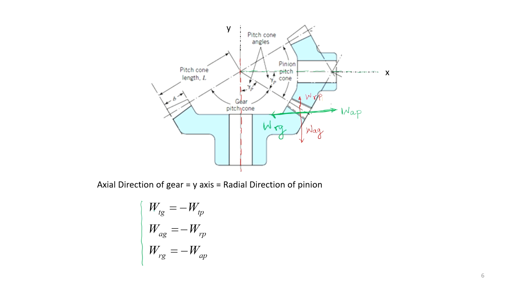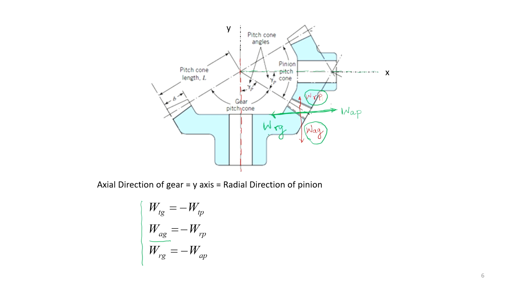That means the tangential force on the gear will be equal to minus of the tangential force on the pinion. That means tangential force on the pinion and gear will be the same, but their direction will be opposite to each other. Now, the axial force on the gear will be minus of the radial force on the pinion. It is clear here. Both are the same in magnitude, but the direction will be opposite.